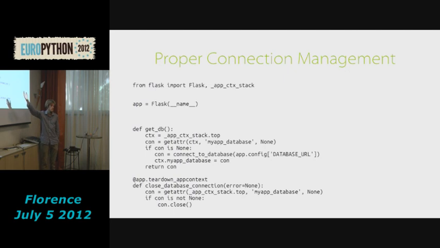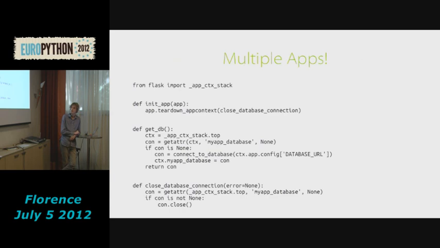So if you want to use this with two independent applications, that's not as trivial, because first of all, the decorator is bound to one specific application, and the configuration for the database URL is also coming from that particular application. So in order to do this with multiple applications, this is really then how you can make a Flask extension out of the whole thing, as instead of making the application, you make a function called initApp, which initializes the application.